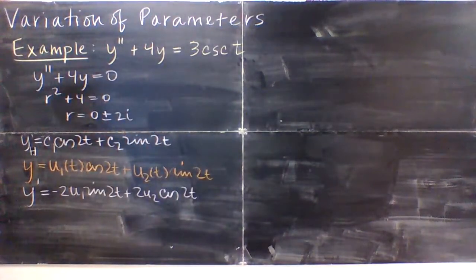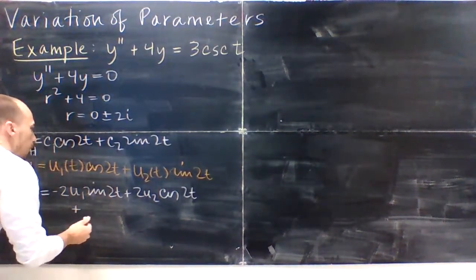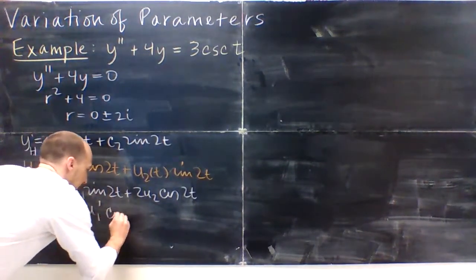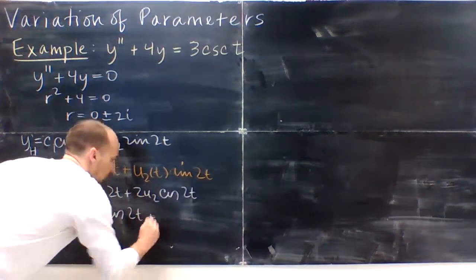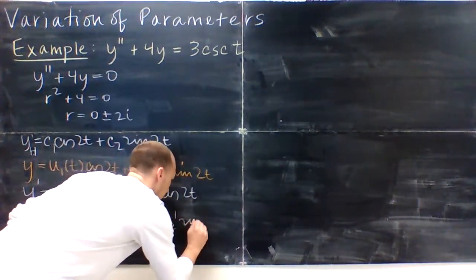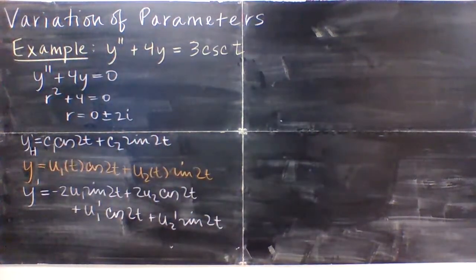Then I'm going to have plus u1 prime cosine of 2t plus u2 prime sine of 2t. I'm going to take a step back and make sure that I have done that product rule correctly. Yeah, okay, this looks good.